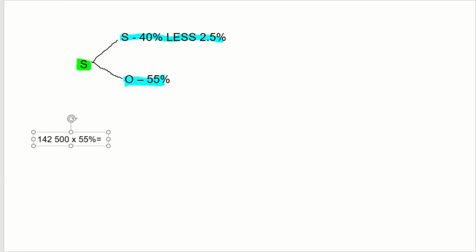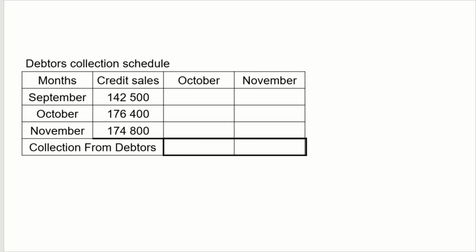Okay, so now this will be 78,375, like that. Okay, then we're gonna take this 78,375 and input it on the credit sales of September, where the collection is the month of October. Okay, so we're just gonna do that. 78,375, that's it for the month of September.